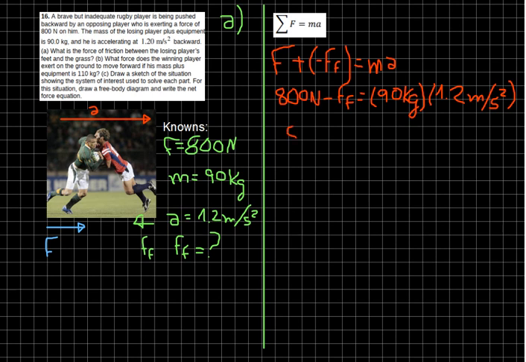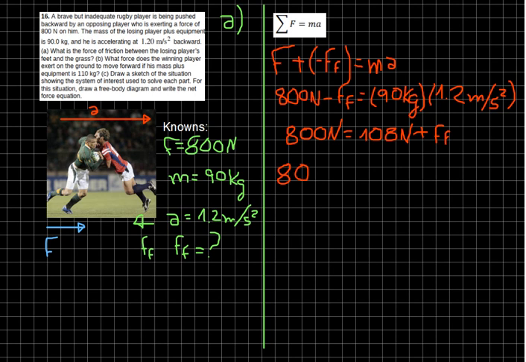So here we have 800 newtons equals, alright, 90 multiplied by 1.2 is equal to 108 newtons. And here I'm going to place as positive the force of the friction, since it changed sides. Now the 108 newtons, which is positive, goes to the other side as negative.